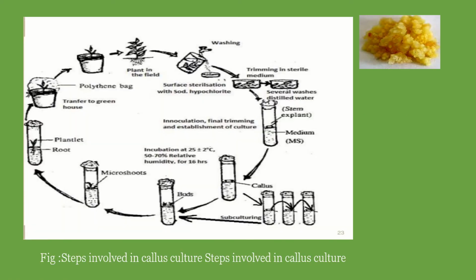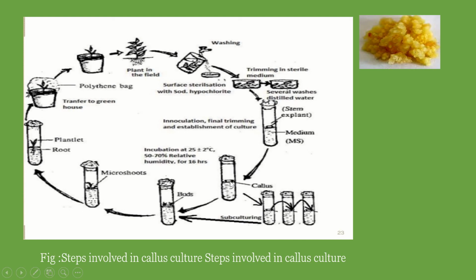the production of callus. You can see in this figure the steps involved in callus culture. Here the plant is taken, and from the plant, the explants are selected. From this, the parts are taken and surface sterilized. Then they are transferred to the medium.